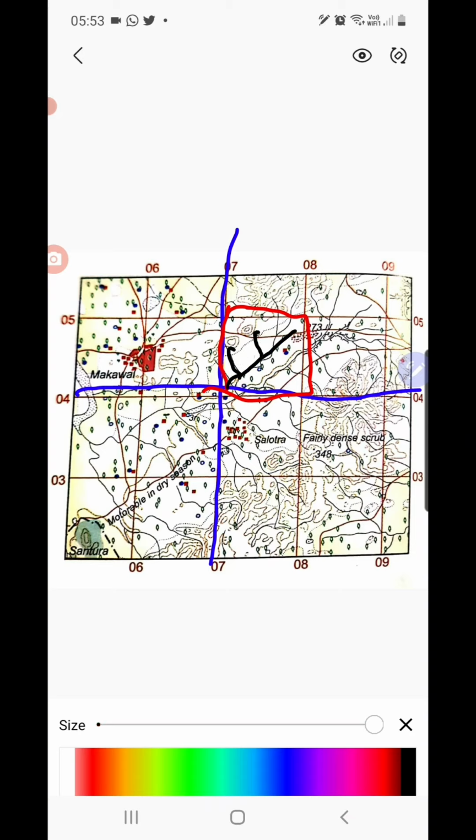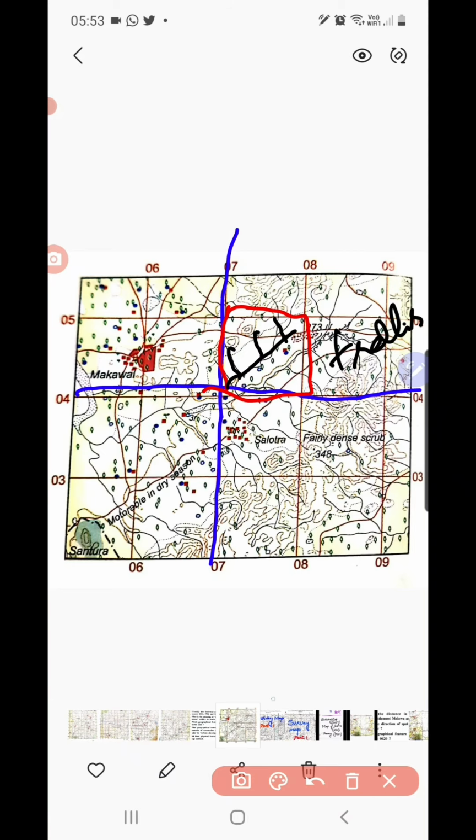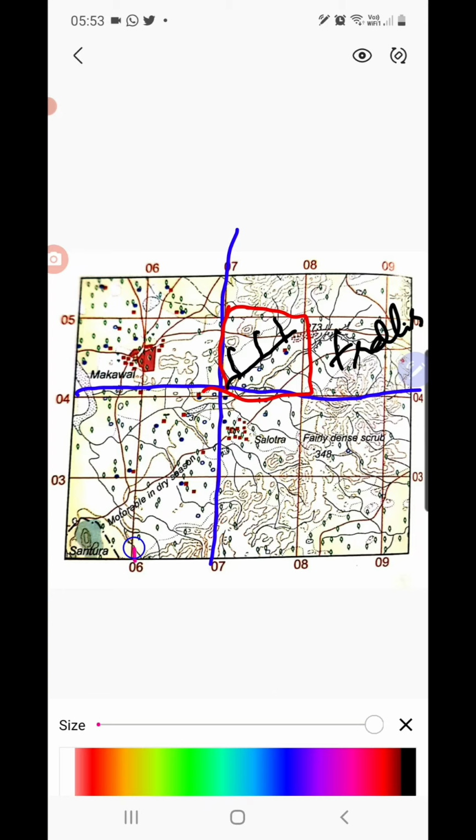And one more grid square, it says 0605. Let's see 0605. This is 06 and this is 05. Which is the square? This is the square. Here you can find which one? A disappearing stream.